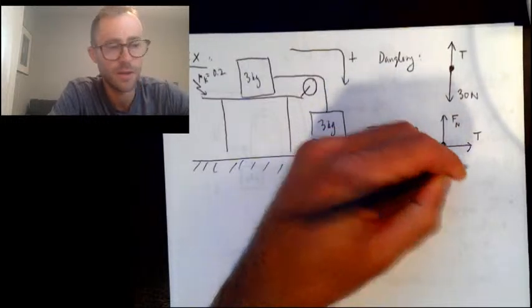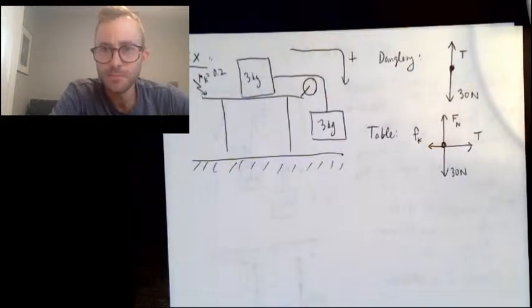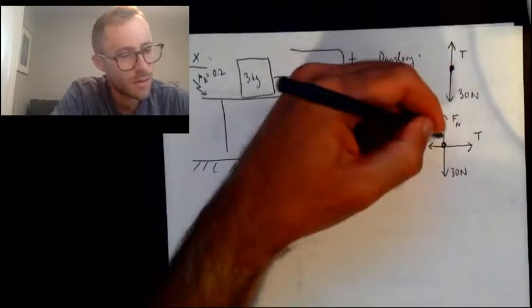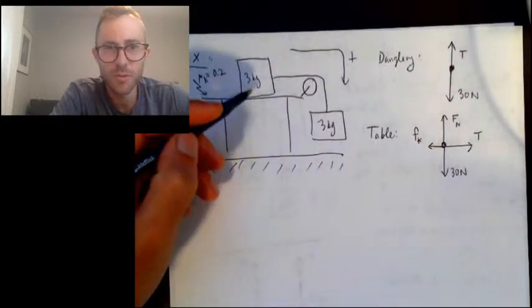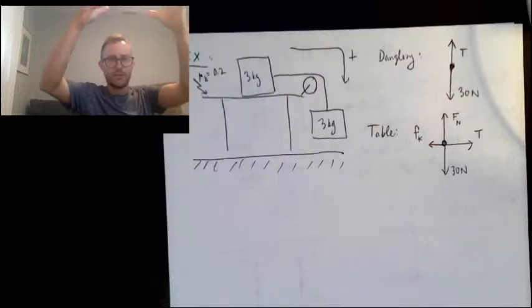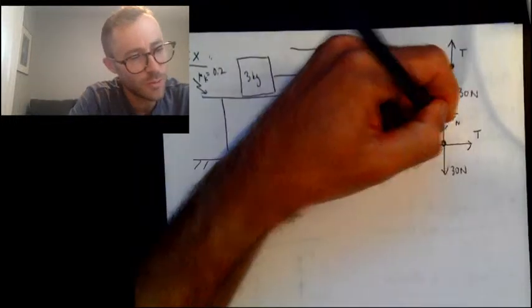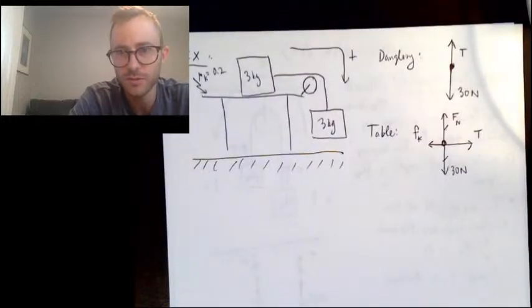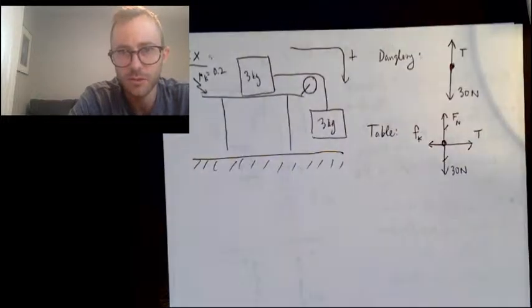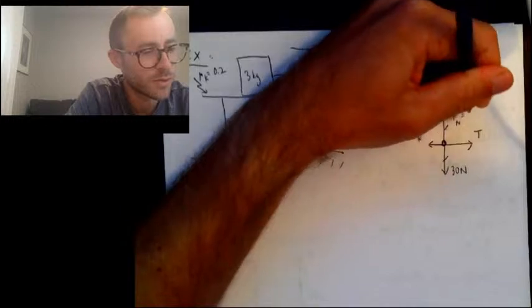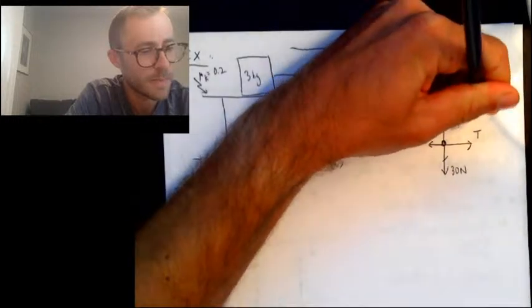Okay? Now, because this table mass is not jumping off the table or crushing through the table, we had better have normal force equals 30 newtons. If those two forces were not in balance, then the mass would accelerate up or down. So that means that my normal force is 30 newtons.